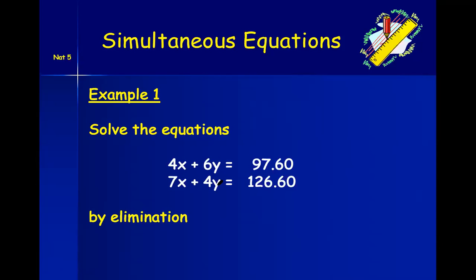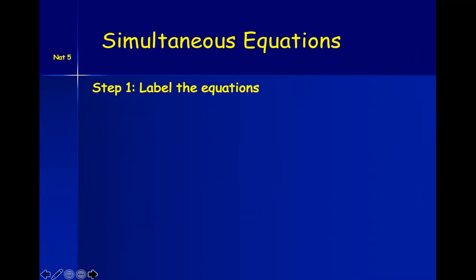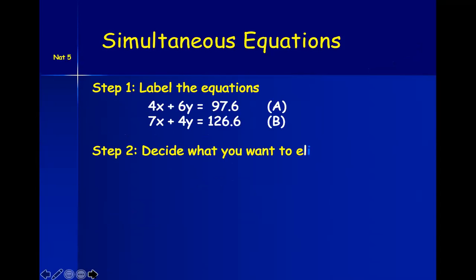And I can make my 4Y a 12Y. That'd be my lowest common multiple. The 7 also stands out for me as an odd number, so I would start there. Yeah, 7 is harder, but in this example, they've decided they want to eliminate X. So that means you're going to have to time the top by 7 and the bottom by 4. So basically they're looking for 28 here.